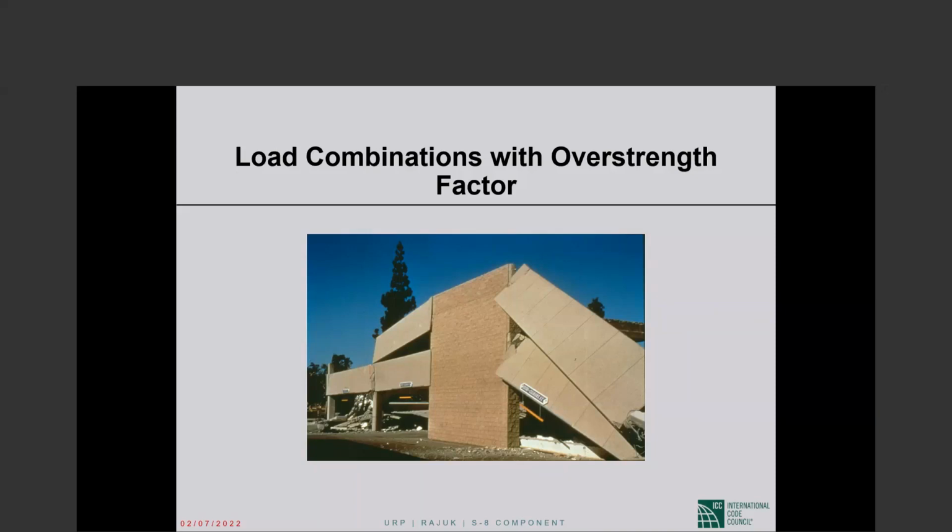This was one of a number of precast parking structures that did not do well, as you can see. So the parking structure is largely down on the ground. But as we approached the building, this shear wall looked really incredibly good. It not only was standing up, pretty much nothing had happened to it, not even significant cracking.